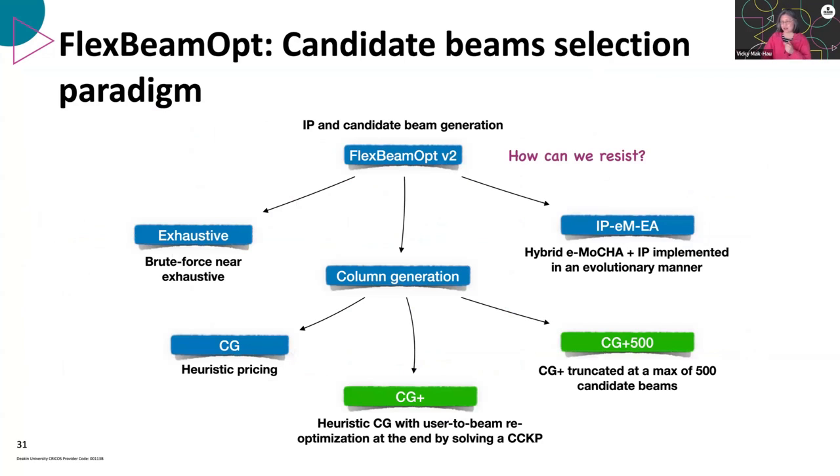And then we thought it is just really not cool to not use any of the cool integer programming algorithms. So we thought FBO2 is actually screaming column generation to us. So we did that. Every time we generate a beam, it's like generating a column. So the columns are beams.